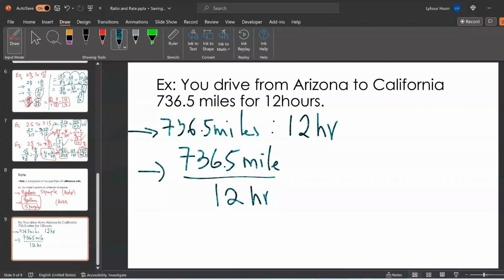So this is actually the rate, but sometimes we don't want to leave it with a decimal number. So what should we do?